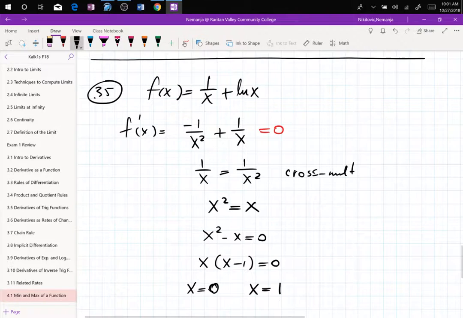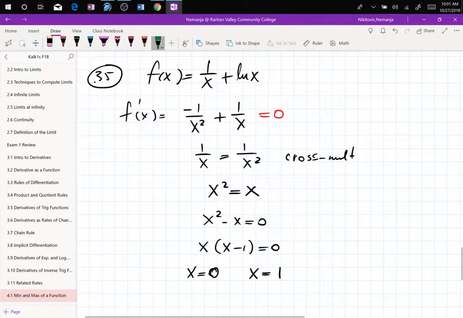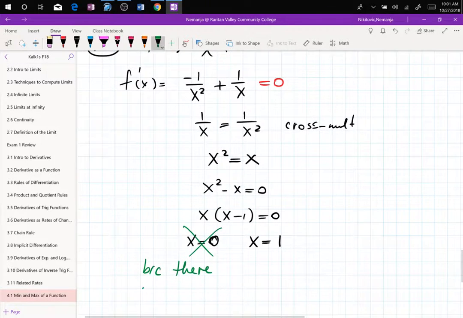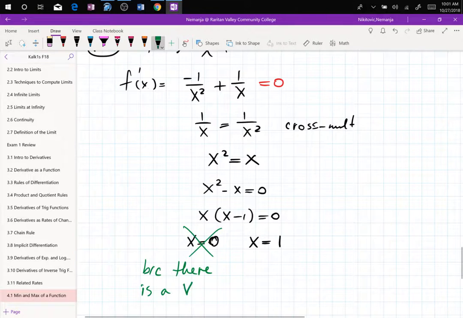So now we have to drop x equals 0 because there is a vertical asymptote at x equals 0. So you cannot have a min or a max point at the vertical asymptote, right?